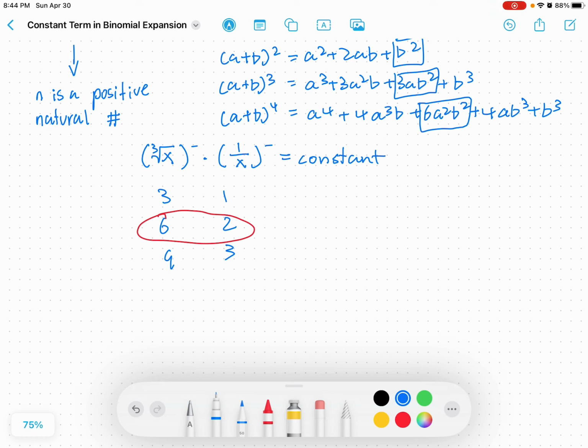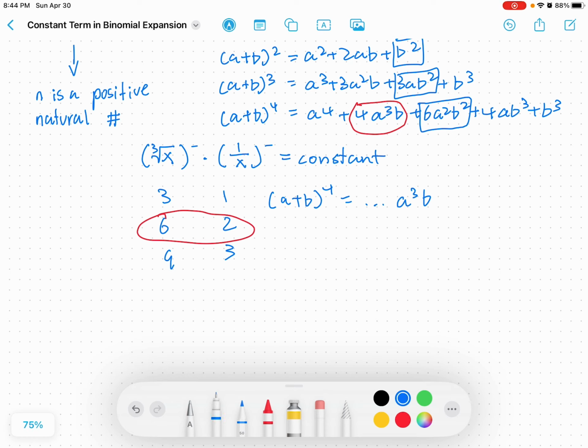If it was 3, 1, this would actually be (a plus b) to the fourth power. Let's just take an example. And here we can get that this will be some power of a cubed b, like I already wrote here in the full expansion, a cubed b.